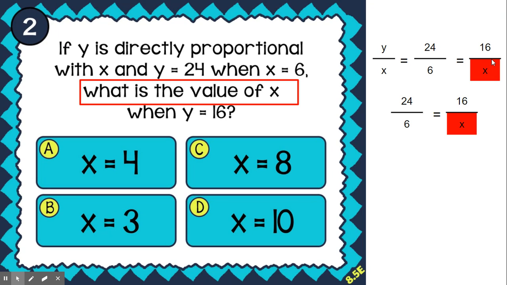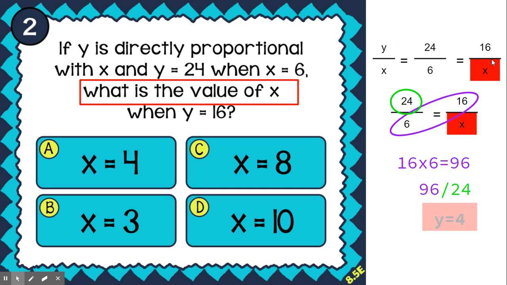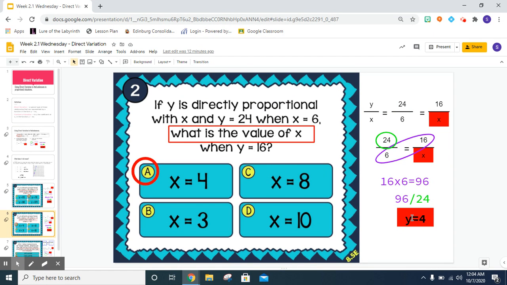All right, so let's go ahead and write that fraction down, or that proportion. And we're going to use the same thing that we used the last time. Cross multiply and then divide. So 16 times 6 is 96 divided by 24. 96 divided by 24, I get y equals to 4, which actually this should be x equals to 4.